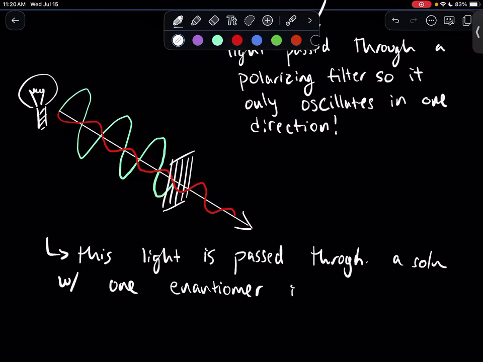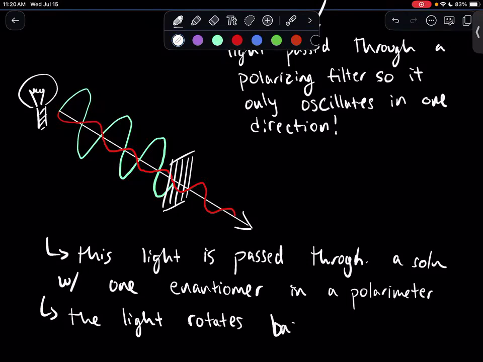And this happens in a polarimeter, just a device we use for this. And what happens is the light rotates. So it's going to rotate its plane based on the enantiomer.